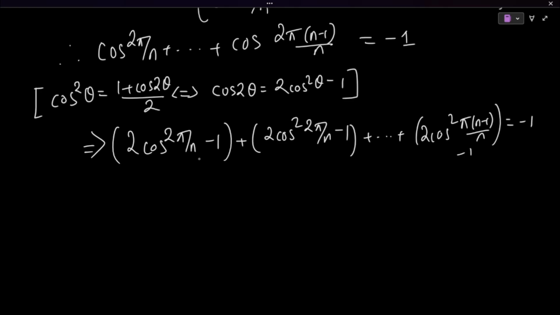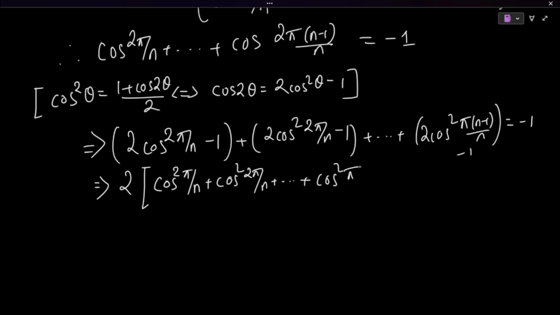Now, how many terms are there? There are n minus 1 terms here, so you start from 1 and you end at n minus 1. So there are n minus 1 minus 1s. You can take the 2 common and write this as 2 times cos square of pi by n plus cos square of 2 pi by n, and the last term here would be cos square of pi times (n minus 1) by n. How many minus 1s are there?